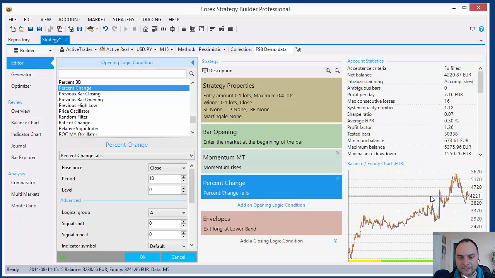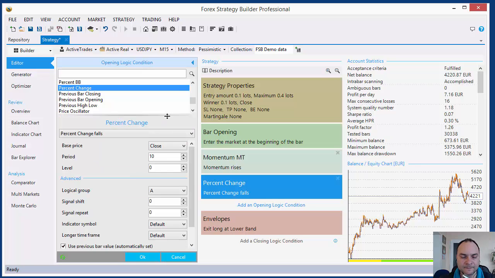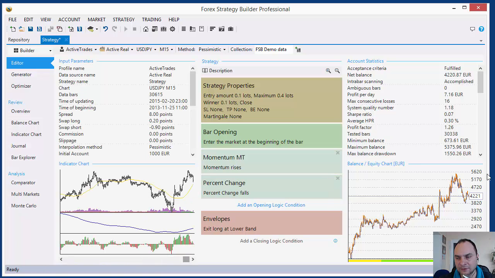Now looks better. I use the default value 10. I always prefer to use the default values of the indicators because this lowers the chance of the strategy to be over optimized. Now the strategy looks almost good. I'm only afraid of that 1000 euro drawdown here.